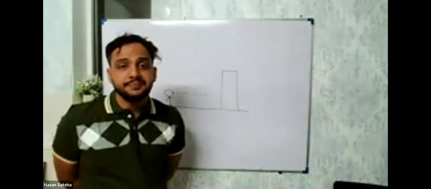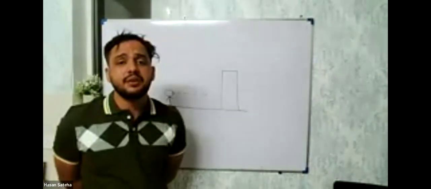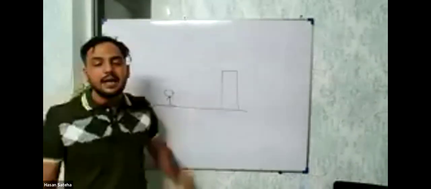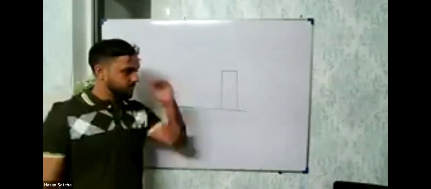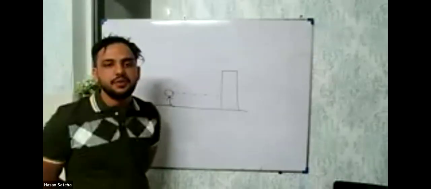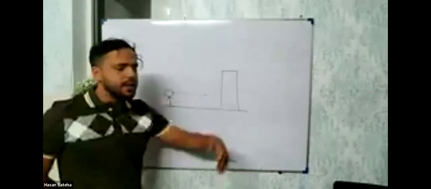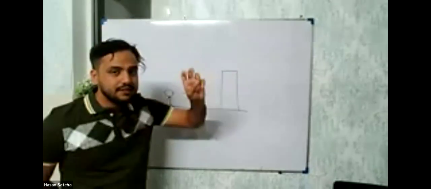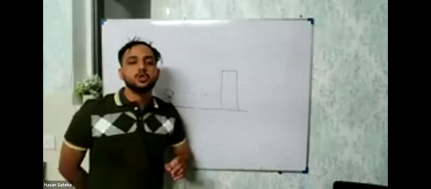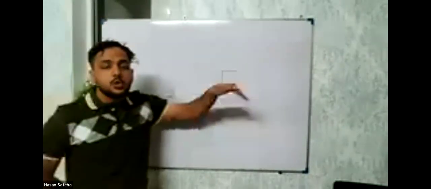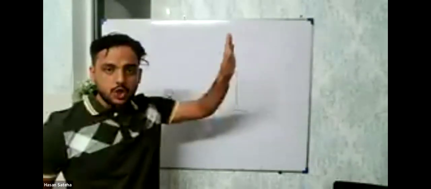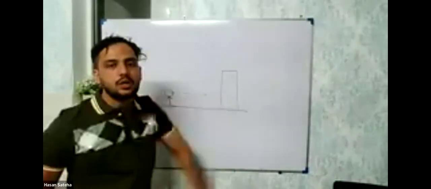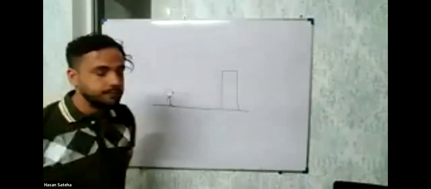Here, since it's a man, we take the eye level, where he is looking right at the building. We use the word horizontal. So this is the horizontal. We can measure an angle above the horizontal at a certain point, and we can measure an angle below the horizontal at a certain point.